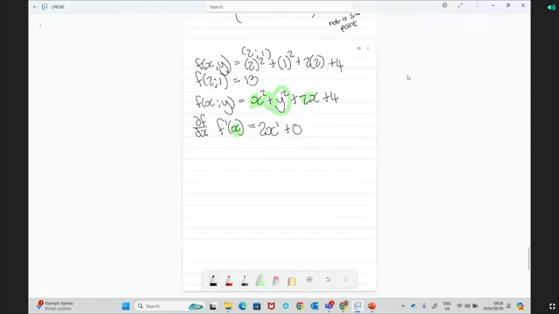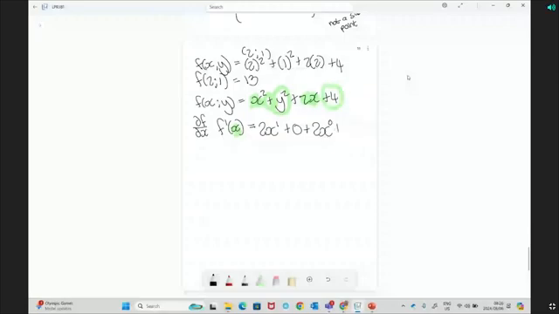Then the next term is 2x, so we have to derive that. Be careful. A lot of people would have skipped that. It still has an x, so it doesn't fall away. So 2x, you go and actually derive that, it just becomes 2. If you wanted to write it out, x to the power of 1 times the 2 in front, it's 2, and subtract 1 from the power, it becomes 0. Then another constant value, that one just falls away. So our first derivative in terms of x is 2x plus 2.